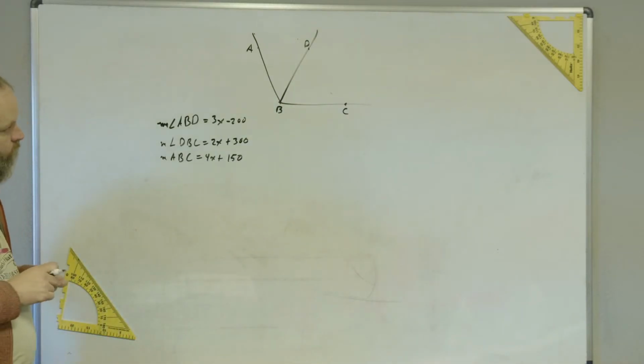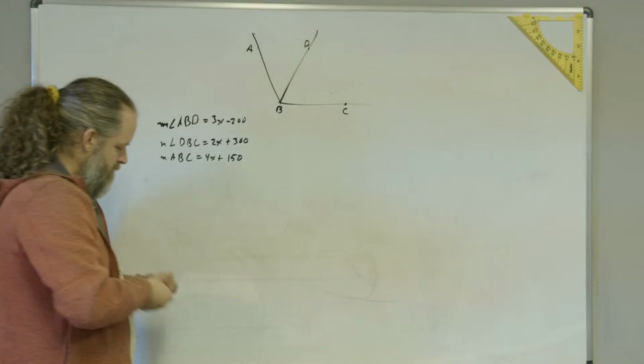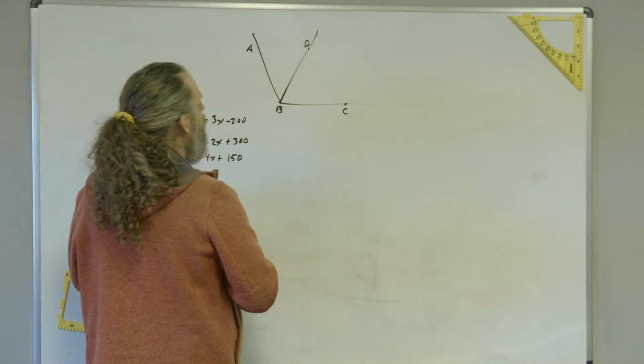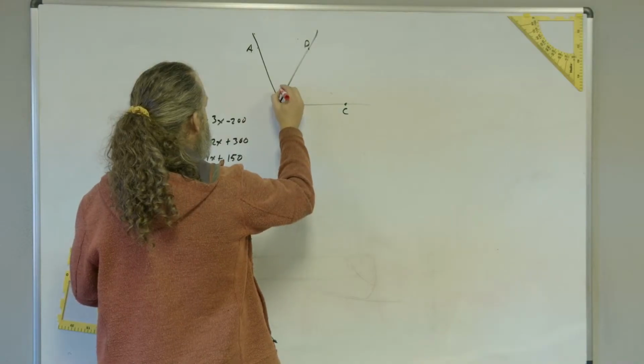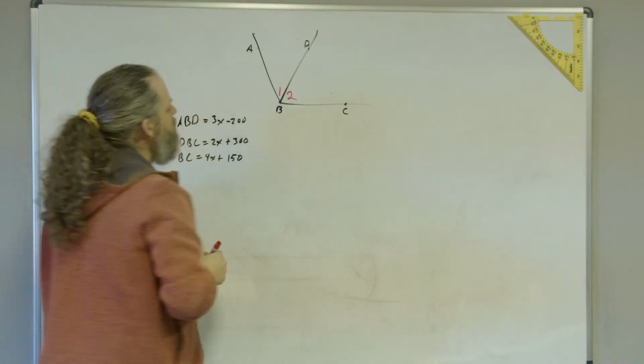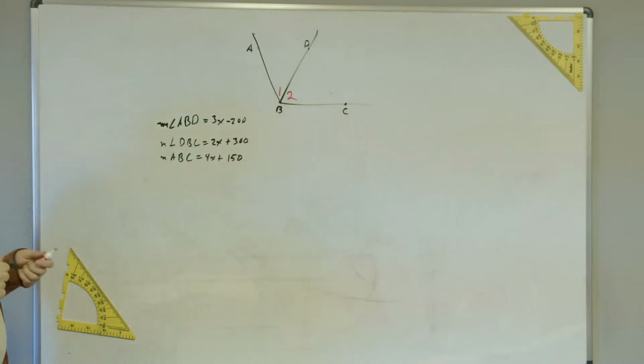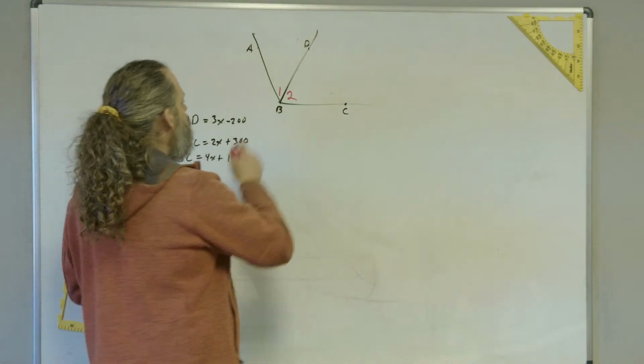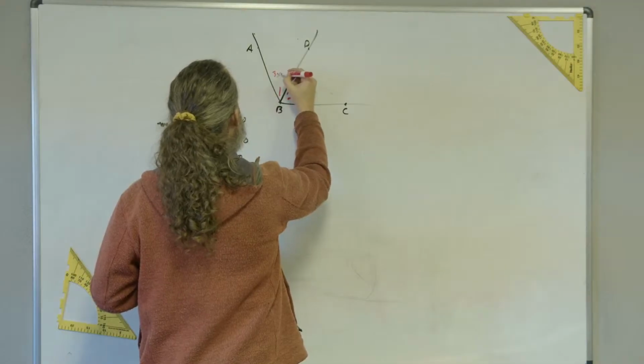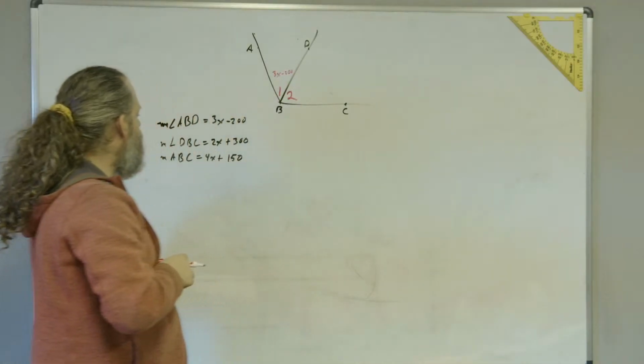So, I label this as 1 so we can talk about it, and this is 2 so we can talk about it. Where is ABD? Is it 1 or 2 or something else? It's 1, great. Okay.